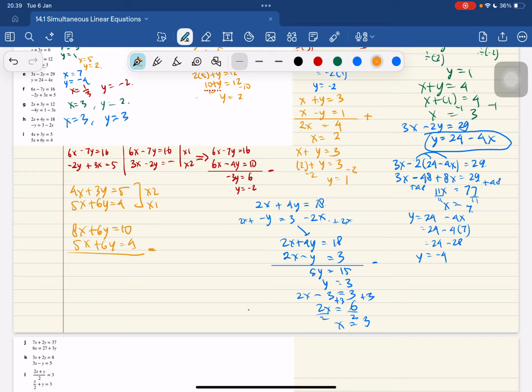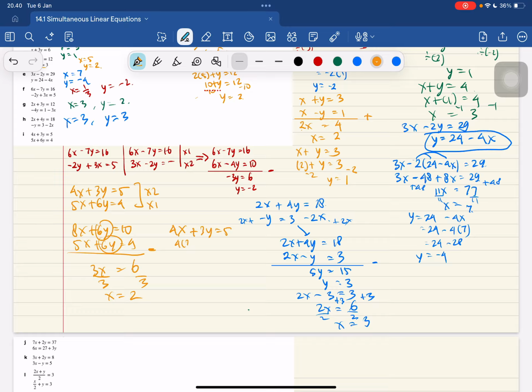So we will minus it to make y disappear. So 8x minus 5x gonna be 3x, equal to 10 minus 4 is 6. We divide by 3 both of sides. So x equal to 2. Then we just substitute into any equation that you would like. So I will pick 4x plus 3y equal to 5.